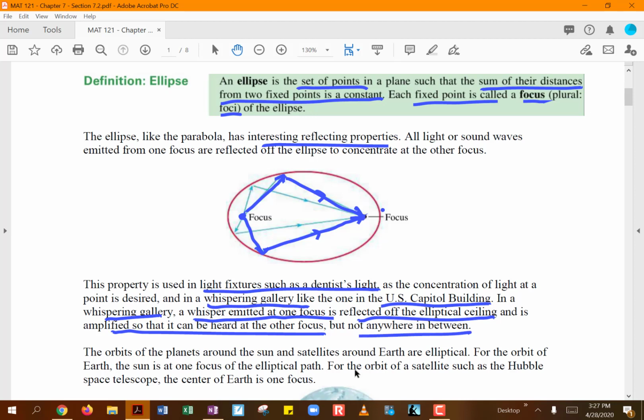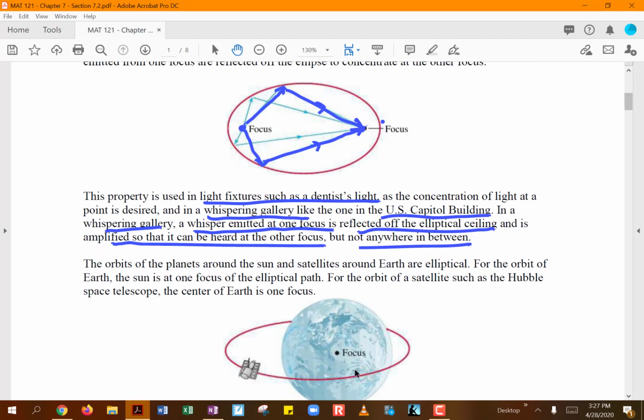So if you have anybody else standing there, they will be able to hear what you are whispering at that other end, but everybody in the middle will not hear a word of it. So it's kind of interesting how that whispering gallery concept works. If you ever happen to find yourself in the US Capitol building, try it out.